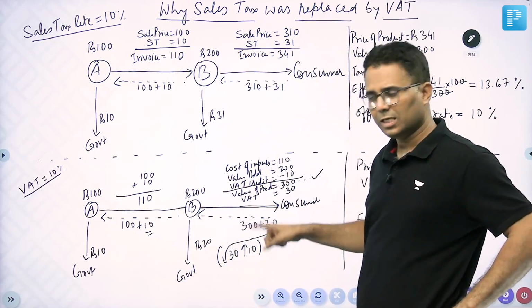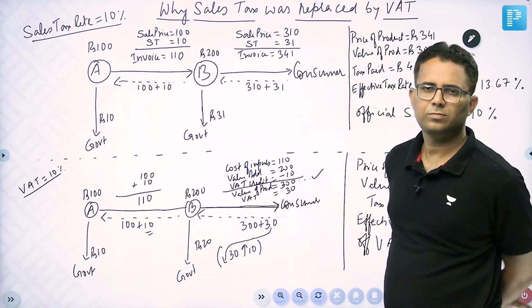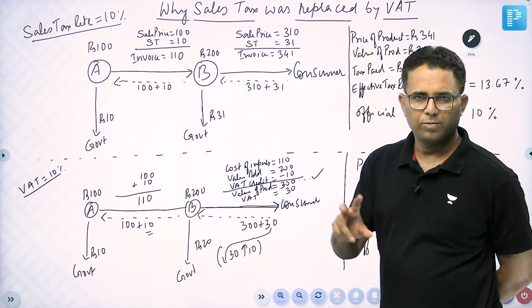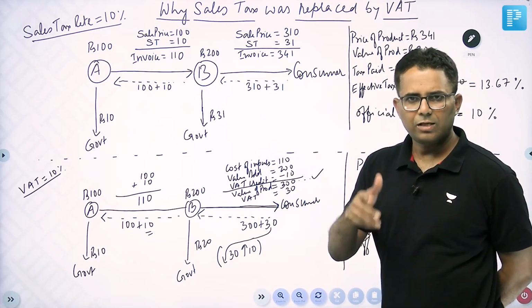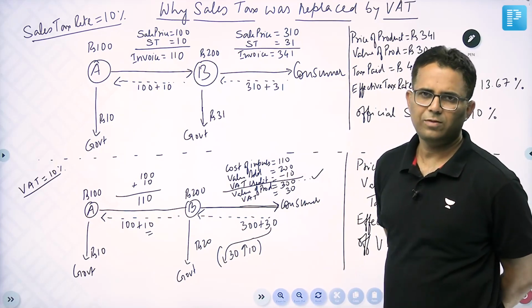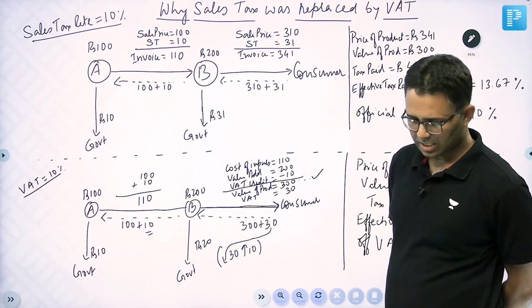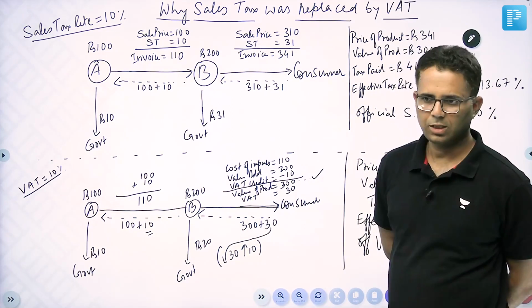Government matches it, then only government gives it back. So, because of this input tax credit mechanism, an inbuilt compliance mechanism is there.